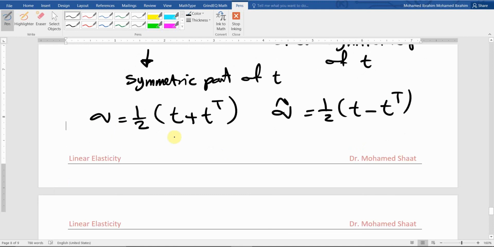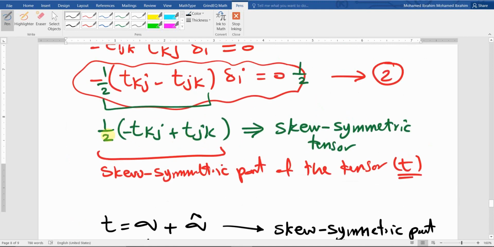And these are tensors. In terms of components, it means that the skew symmetric part is this one.